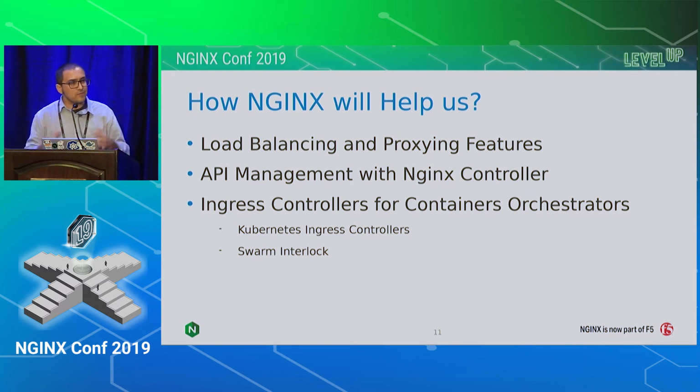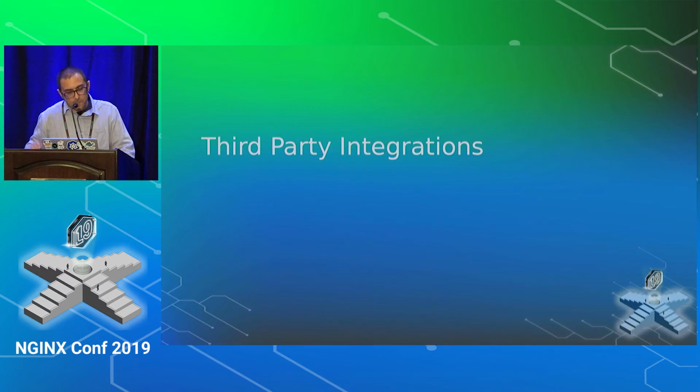Of course, if you are using Kubernetes, we know that there are different kinds of Ingress controllers. We're going to see NGINX and the new features in the new Ingress controller. And there's something that I don't know if many people know about, the Swarm Interlock, which is the Ingress controller environment that Docker Enterprise provides, and it's quite similar to the Kubernetes way of doing things.